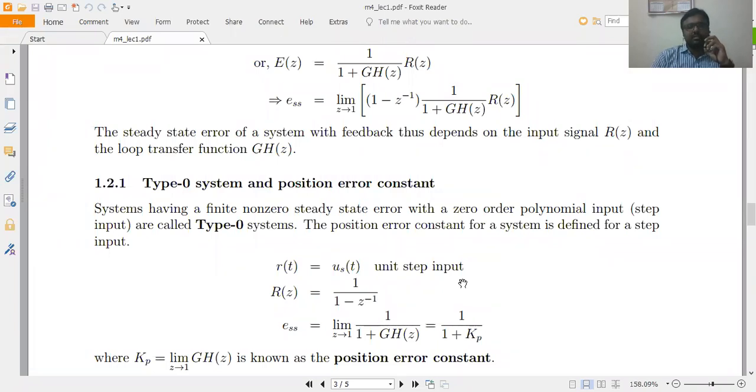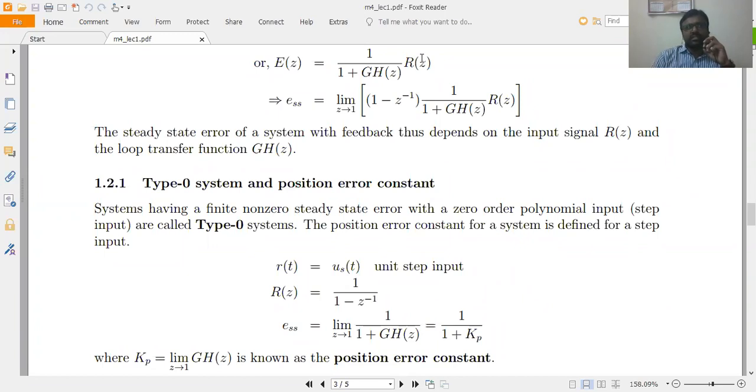What is meant by a type 0 system? When you consider the order of the transfer function, which is having a zero order polynomial input, that system is called the type 0 system.